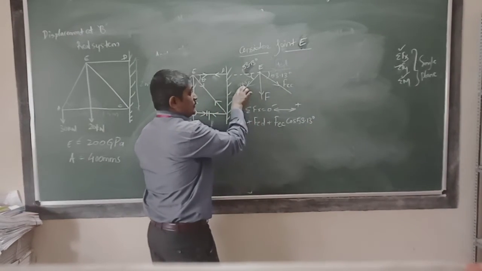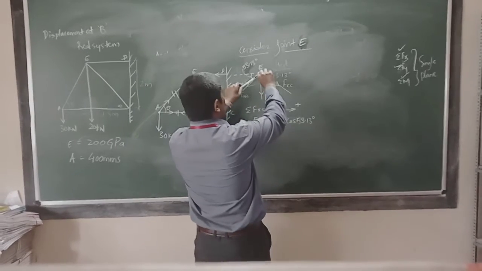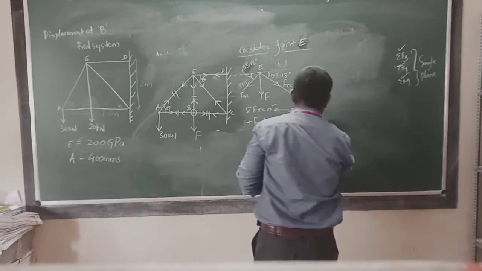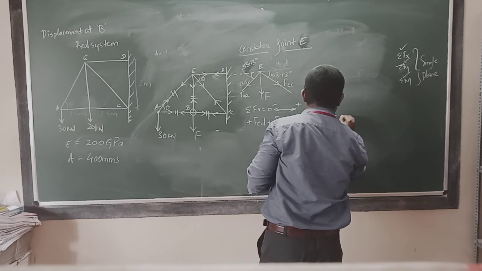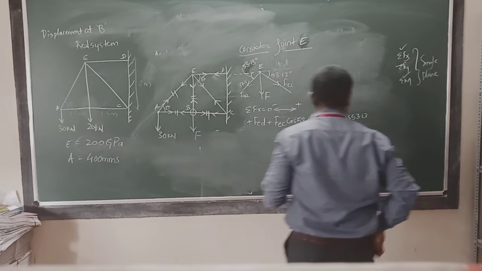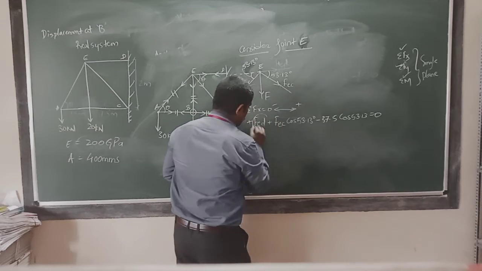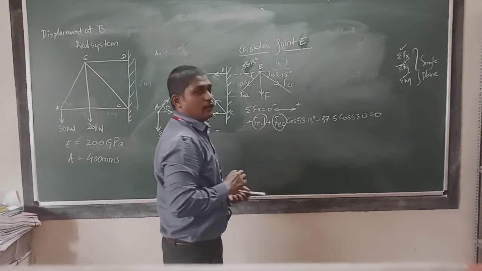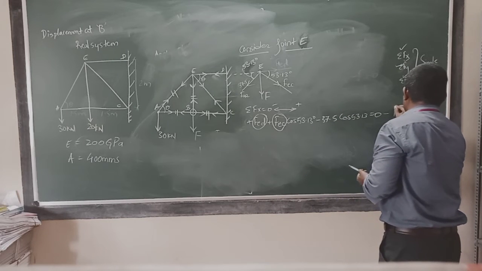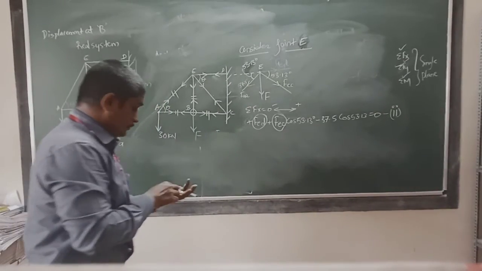Next, this force is there which is again inclined. You have to make it horizontal. When you make it horizontal, it is towards the theta, so cos theta. It is in this direction, it is negative. So minus 37.5 cos 53.13 is equal to 0. Again in this equation, this and this both are unknown, cannot be solved by this equation, right? So let us keep this as equation number 2.